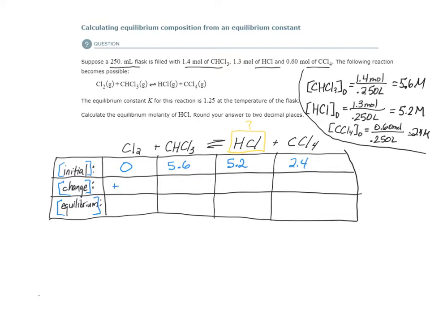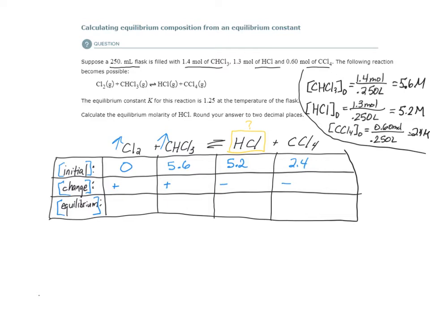Does that make sense? And because chlorine is a reactant, just like CHCl3, if I have an increase in the amount of Cl2, I'm also going to have an increase in the concentration of CHCl3. So this will also be positive. My products over here, their change in concentration will be negative.